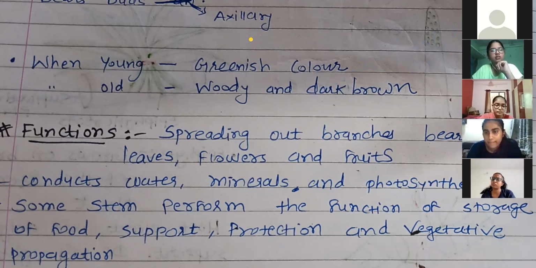Remember, underground, leaves are not formed, but axillary buds are present. That indicates the markings of a nodal region. That's why we can say that potato is a stem, and on sweet potato we can't see that type of structure, so we call sweet potato a root.